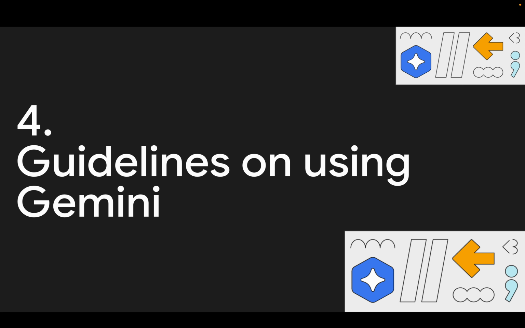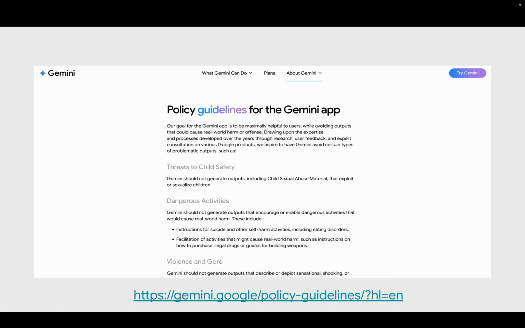So the guidelines on using Gemini are very simple. They're just a really small handful of guidelines, right? It says we should follow the policy for the Gemini app. It says our goal for the Gemini app is to be maximally helpful to users while avoiding outputs that could cause real-world harm or offense, right? So there are a few policies that they want their users to know about.